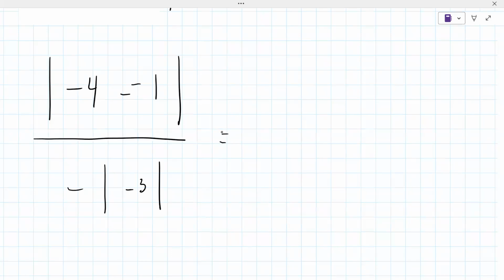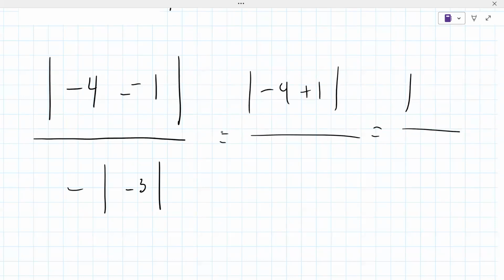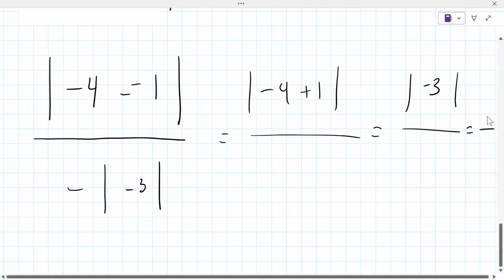Tell me what the top becomes. -3. So it's -4 plus 1 inside absolute value. What does that become? The absolute value of what number? -3. And so what does that ultimately become? What's the absolute value? 3.